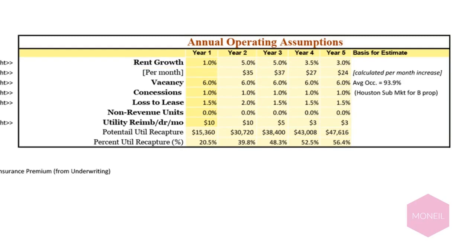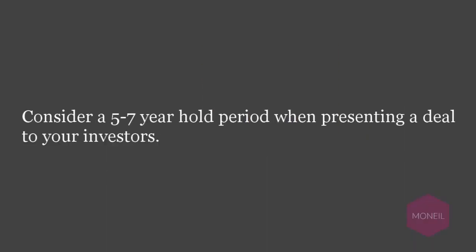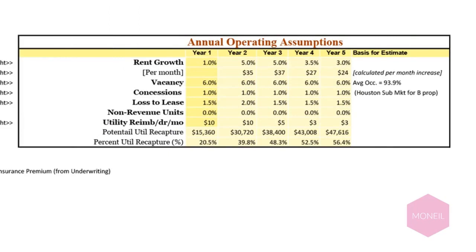A lot of our syndicator lawyers have mentioned that maybe we should go from 5 to 7 years because the investor's money is tied up in the asset and they cannot liquidate that quickly.